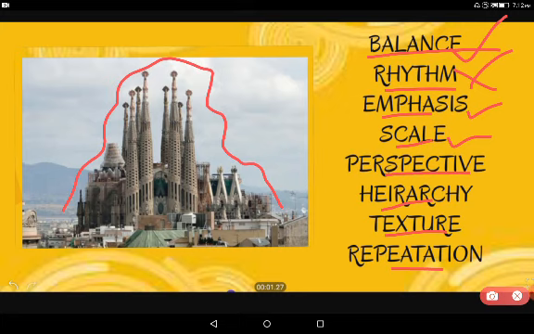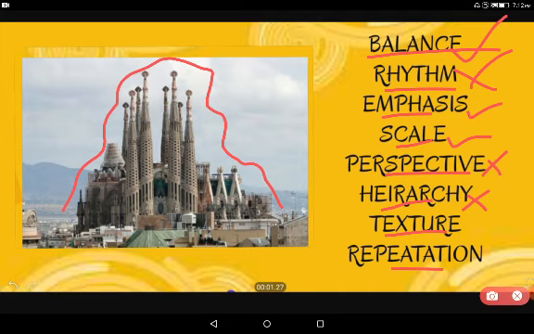We need to select the prominent one. Okay, so I'm excluding perspective and I'm excluding hierarchy. And yes, there is texture when we only look at the central point, Sagrada Familia by Antonio Gaudi, as in Casa Mila. Yes, there is a play with texture, but it's not seen throughout the picture.